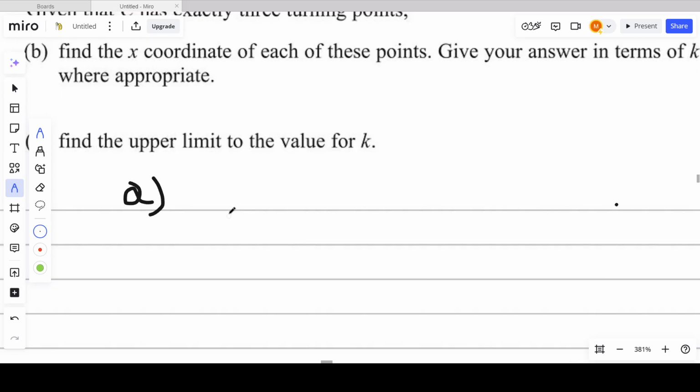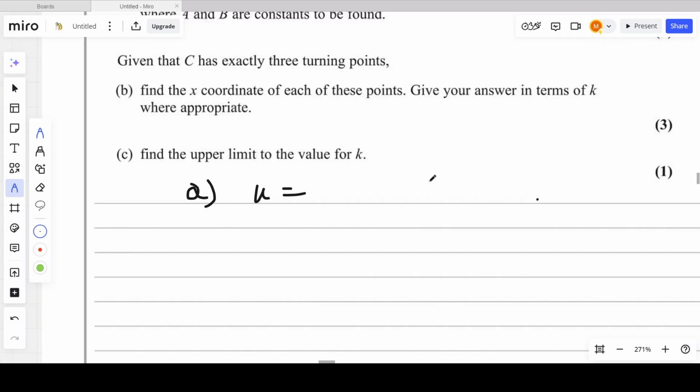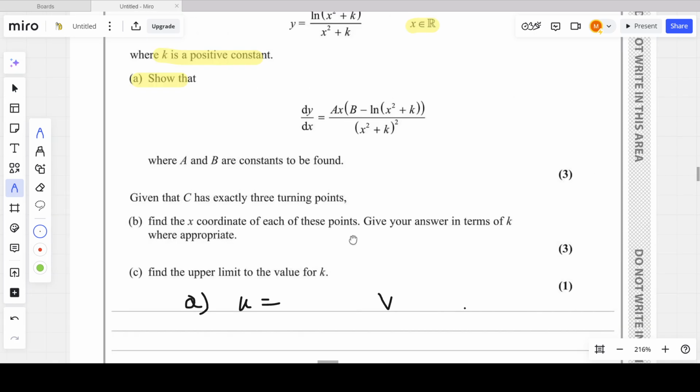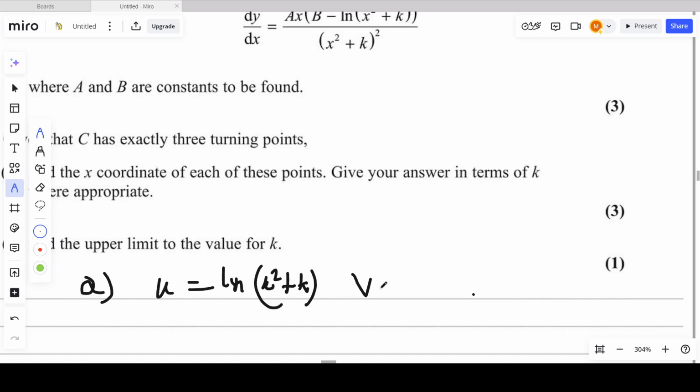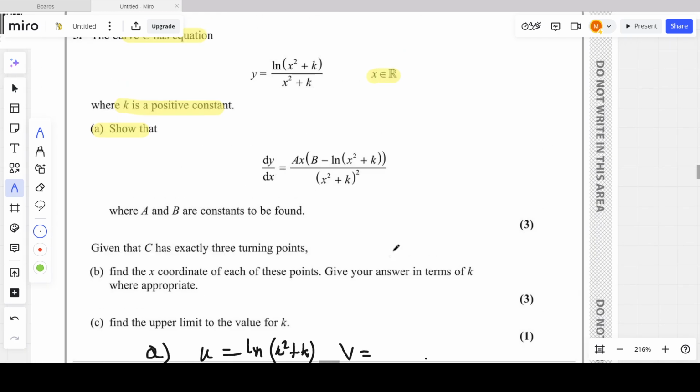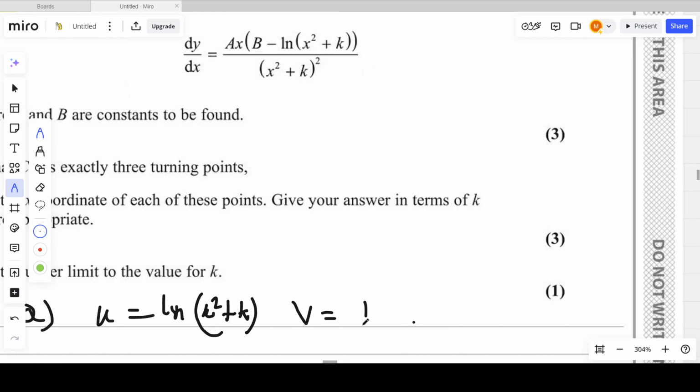For the quotient rule, what do we do? We take the numerator as u and the denominator as v. So what was in the numerator? It was ln(x squared plus k), and in place of v, we will put the denominator, which is x squared plus k.